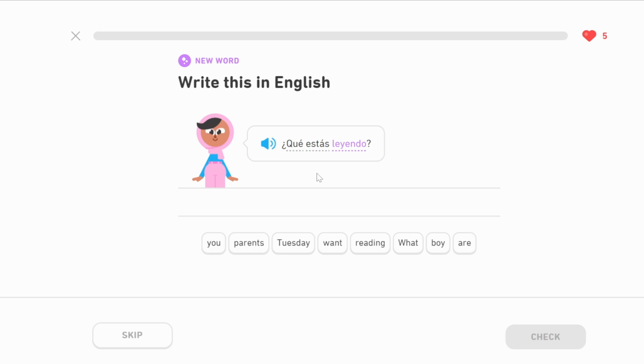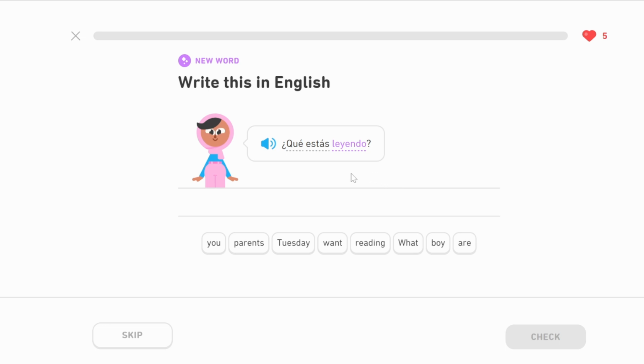So ¿qué estás? Estás is the tú or the you version. It's the you conjugation. So, ¿qué estás? What are you? Because it should be you are, but because we're asking a question, what are you leyendo? So what does leyendo mean? Well, it comes from the infinitive leer, which is the verb to read.